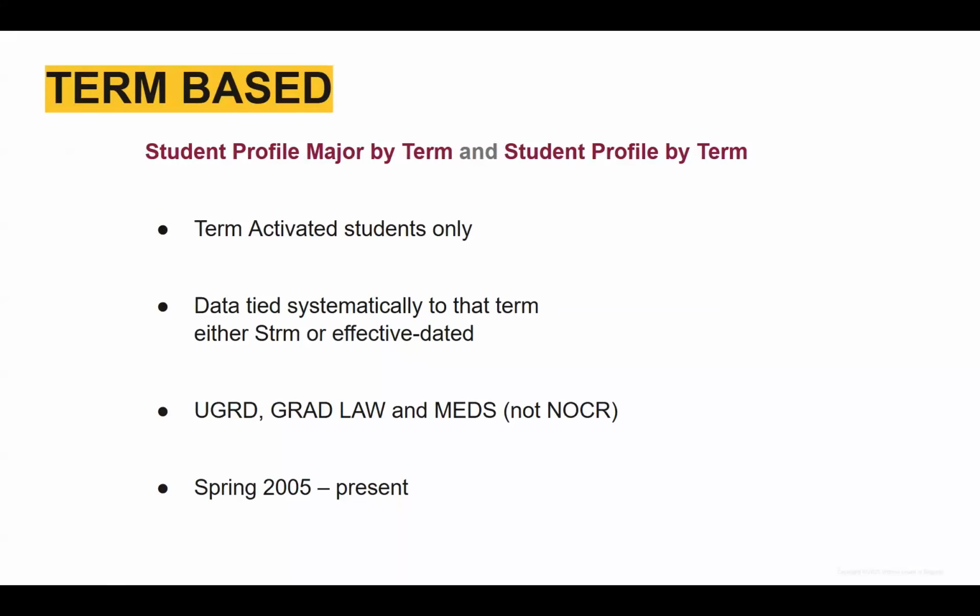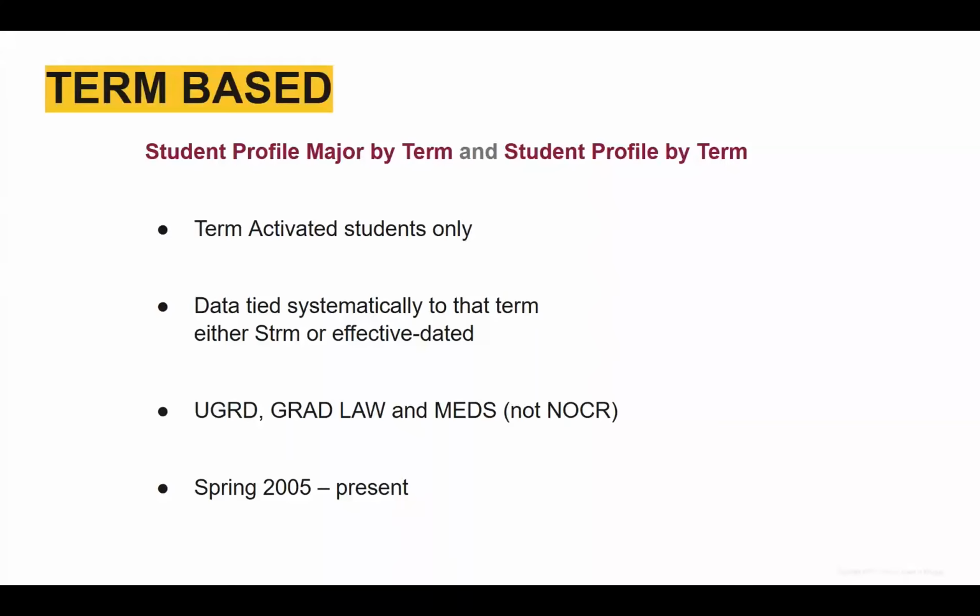So I'll talk about the term-based tables first because we had them first and I use them most often. Because they're term-based, it only includes students that are term activated. That means it doesn't include future admits that we haven't term activated for yet. If that doesn't mean anything to you, tomorrow I'm doing another presentation about the life cycle of a student, and we'll talk about term activation there.